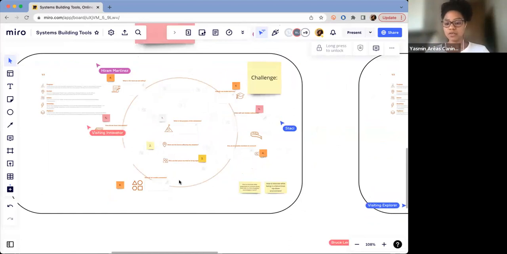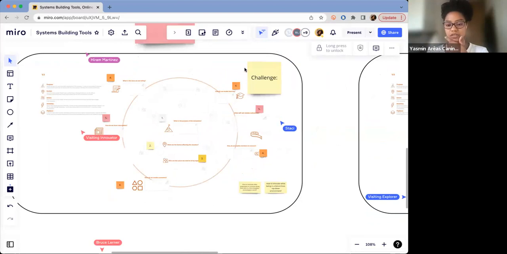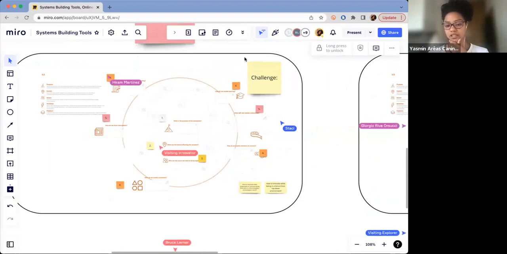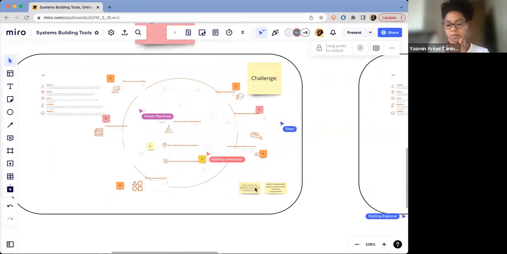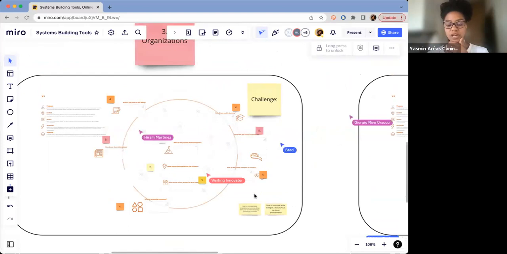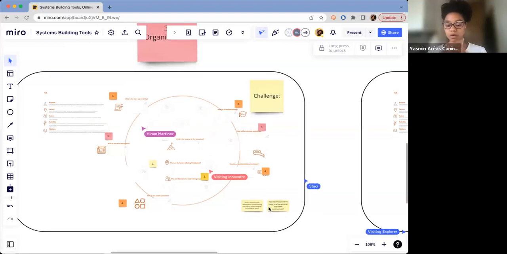So when you come here, the first part of this session is going to be identifying the challenge in the specific area that you'd like to talk about. Here on the bottom, I've put some examples of challenges that you could potentially use, or you can come up with your own questions and challenges.